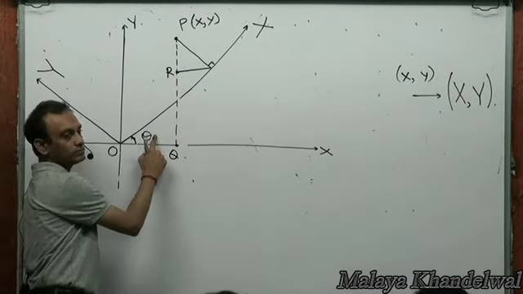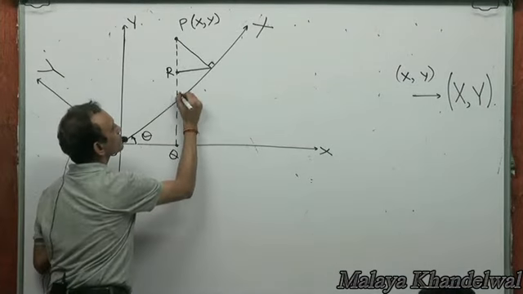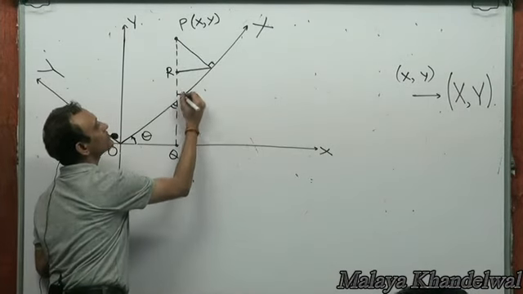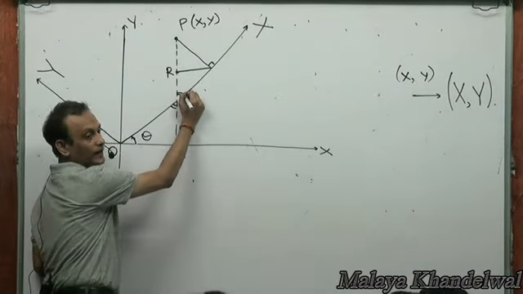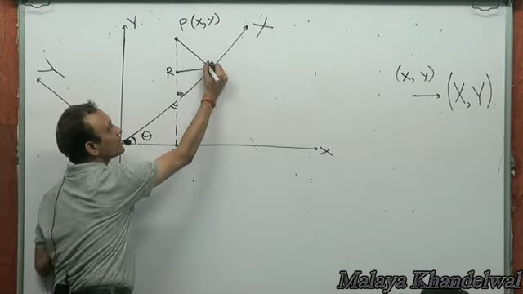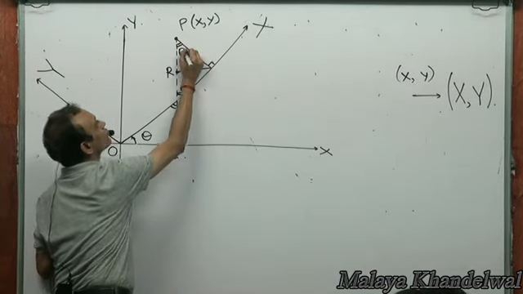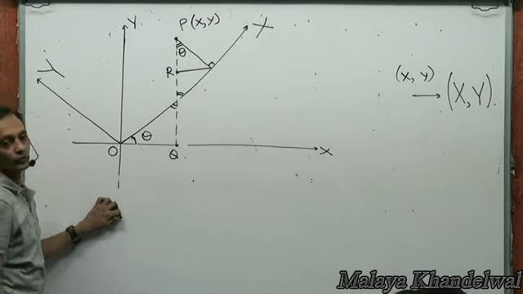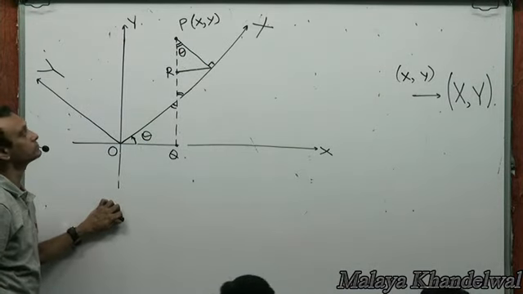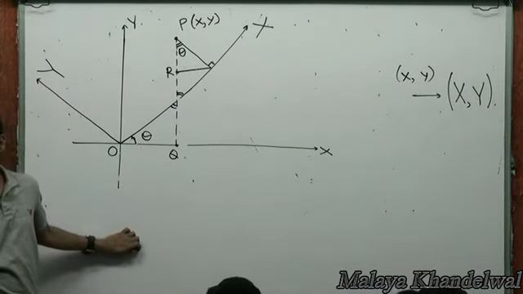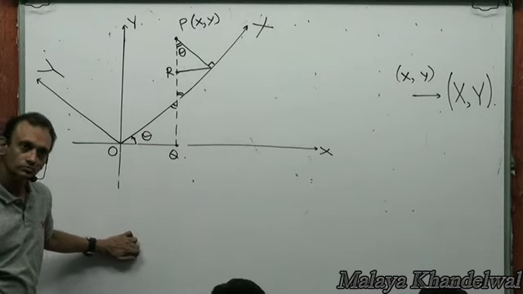This is theta. This is 90 minus theta. Right? 90 minus theta, 90 minus theta. This is 90 degrees. So this will be theta. Yes or no?